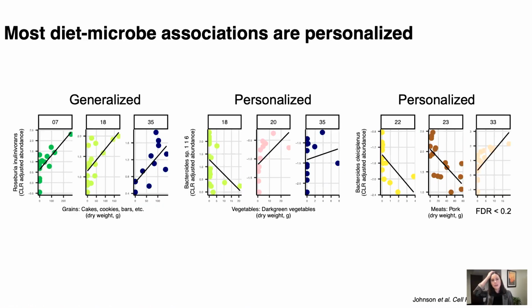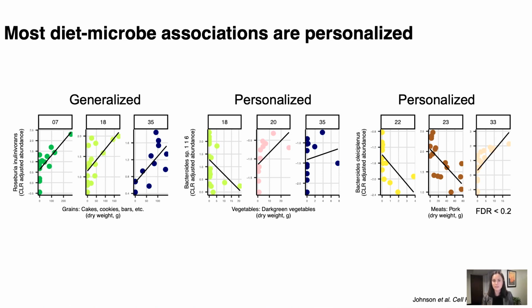And when we go ahead and look at specific relationships within a person between foods and species, we find that there are a large number of significant relationships between foods and species within a person, but very few of those relationships are repeated across people. Most of the relationships were entirely personalized.